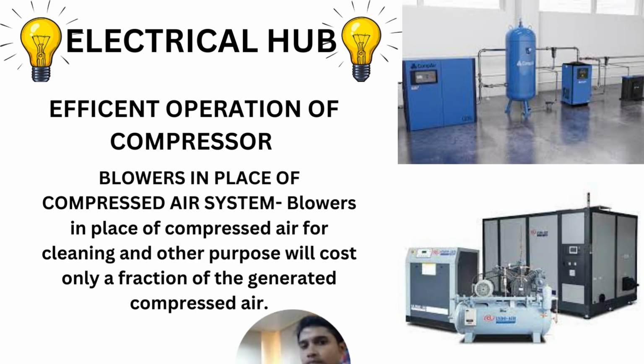We should use blowers in place of compressed air for purposes like cleaning or any other unnecessary activities, because the cost of the production of compressed air is very high compared to the power cost of the blowers.